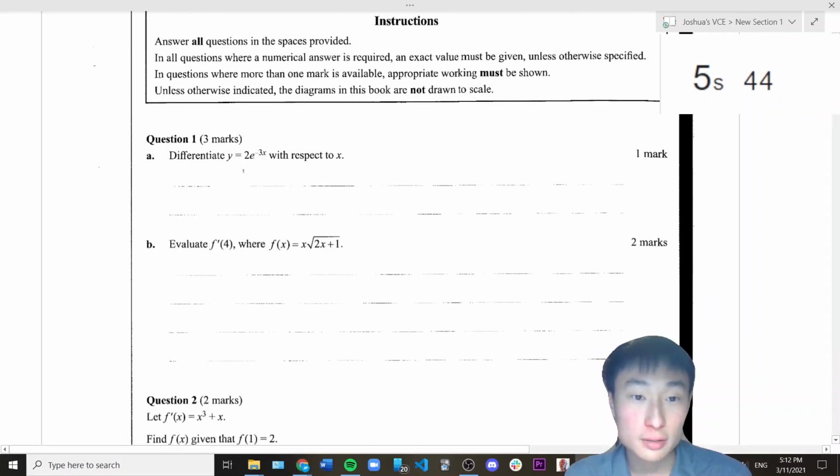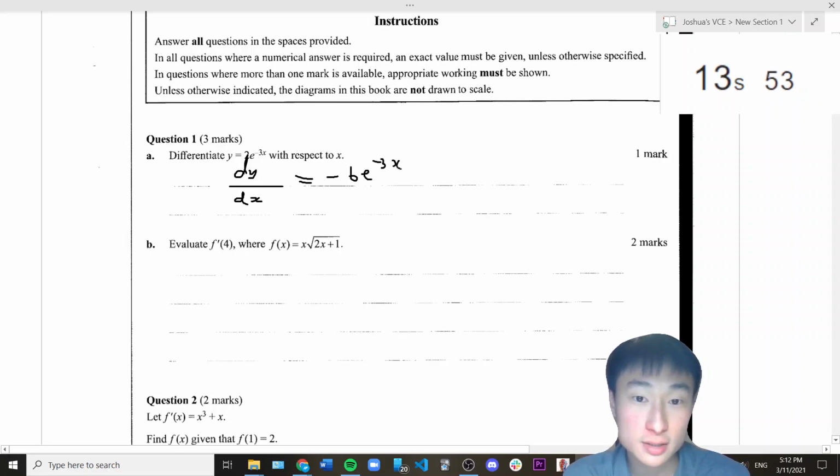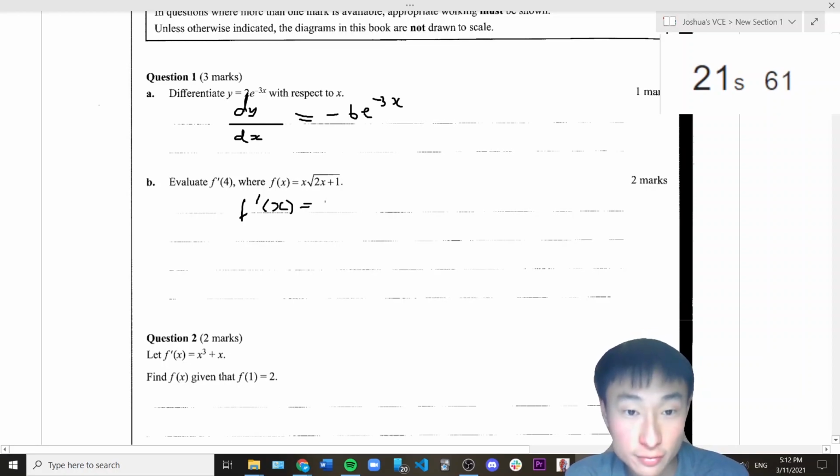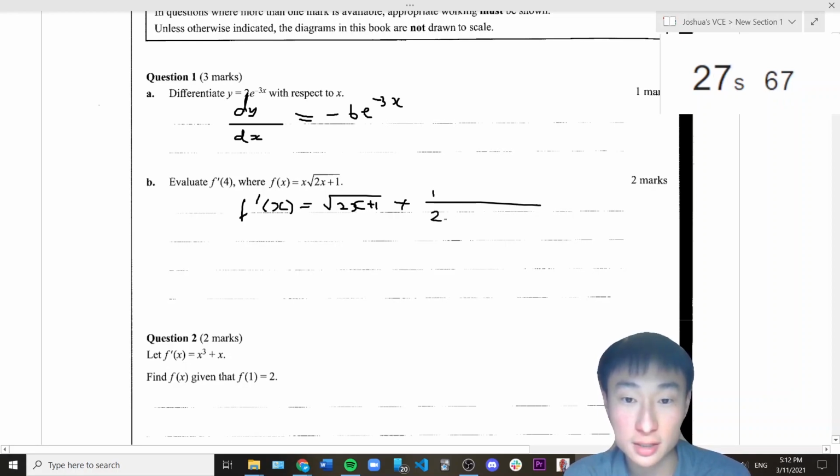Differentiate that. Okay. dy/dx is equal to -6e^(-3x). f'(x) is equal to, okay, that's the product rule. So derive the first times the second, plus derive the second times the first. Yeah, I'm using a mouse as well, which is a little bit slow sometimes, so excuse me.